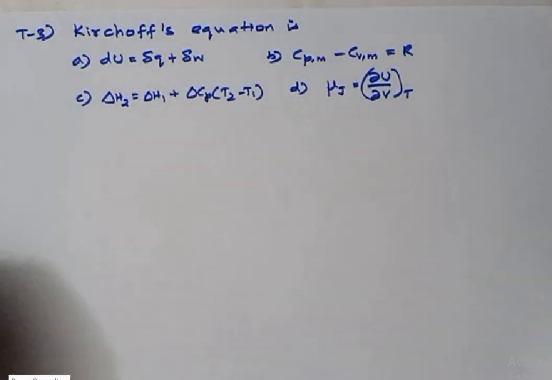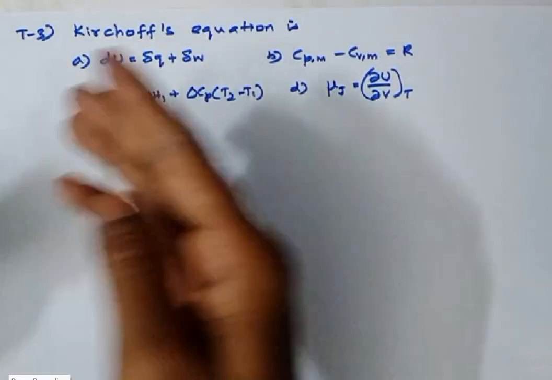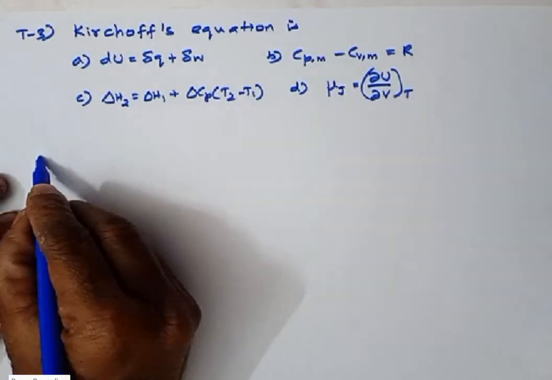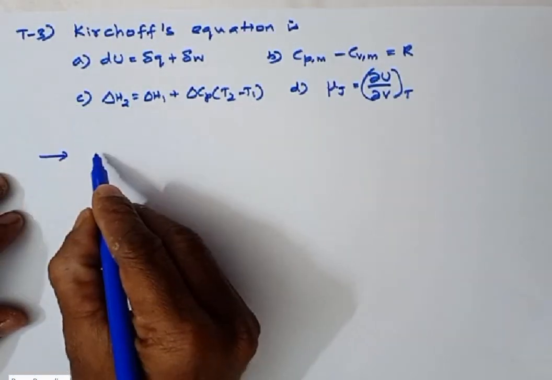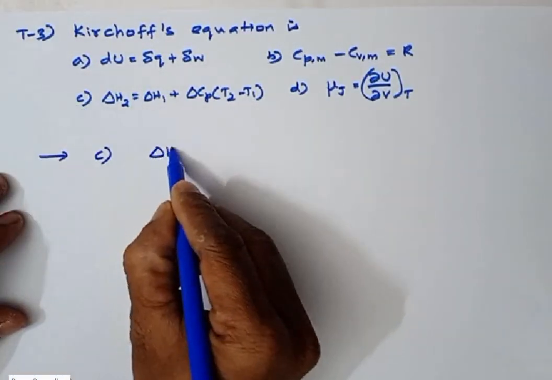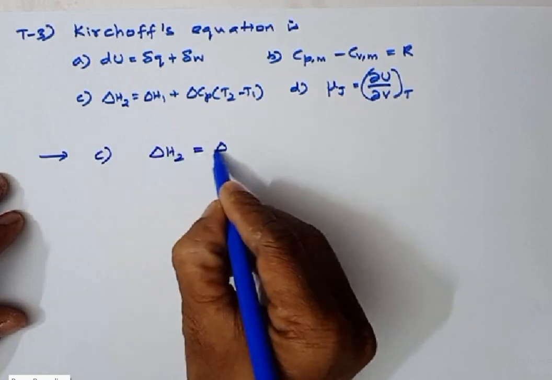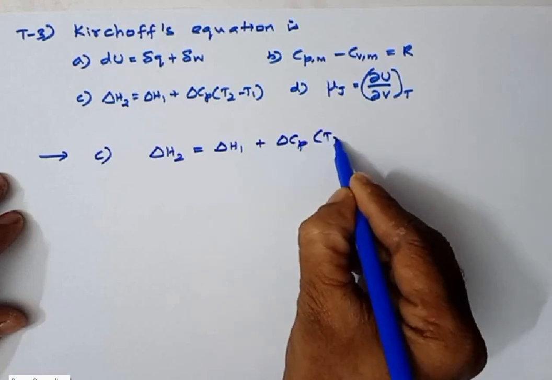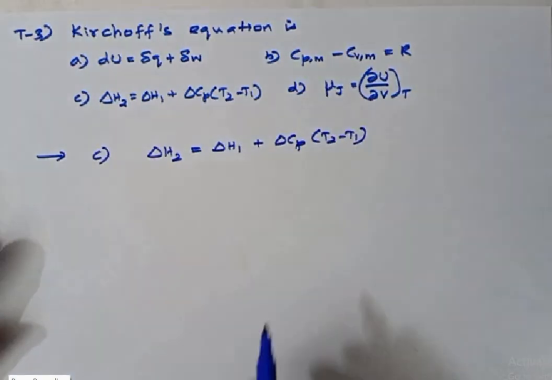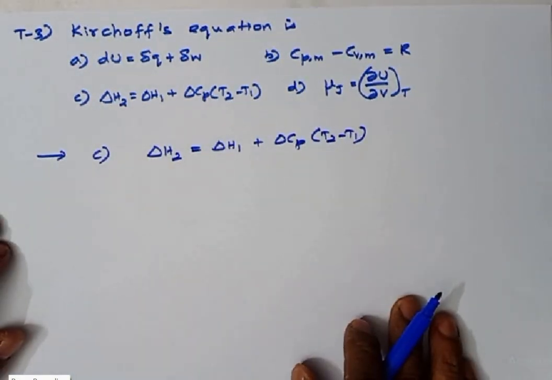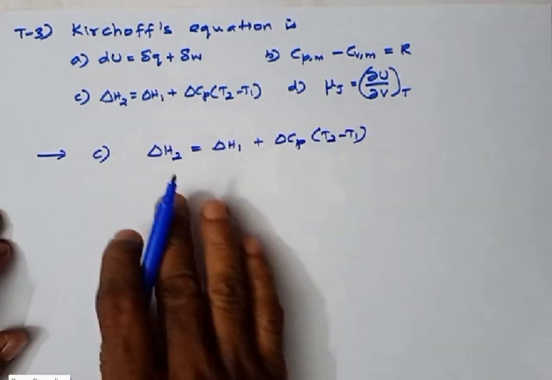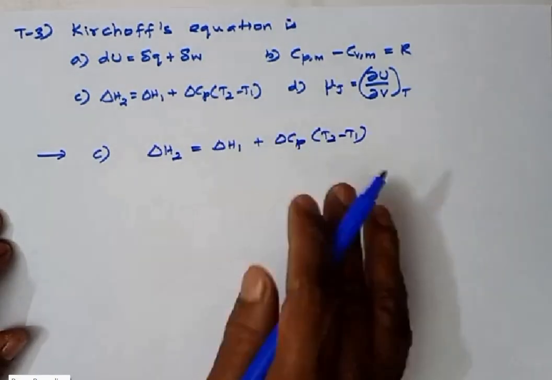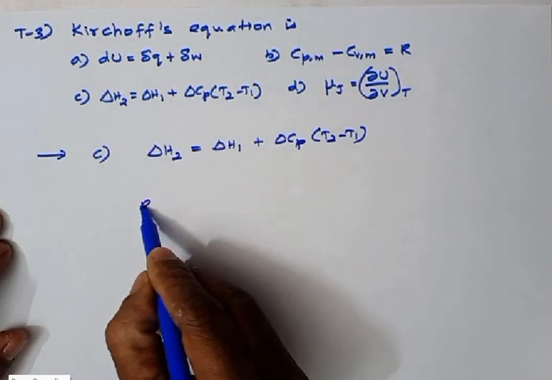For this question, Kirchhoff's equation is a very famous equation, and the correct option is option C. Directly we can answer: delta H2 equals delta H1 plus delta Cp into (T2 minus T1). This equation is called Kirchhoff's equation. Now, what is the meaning of this? Suppose some chemical reaction is given, reactant gives product.